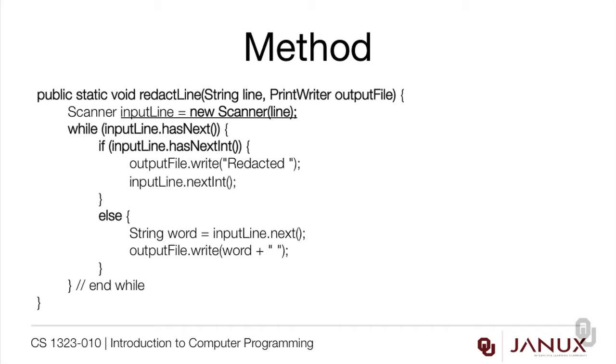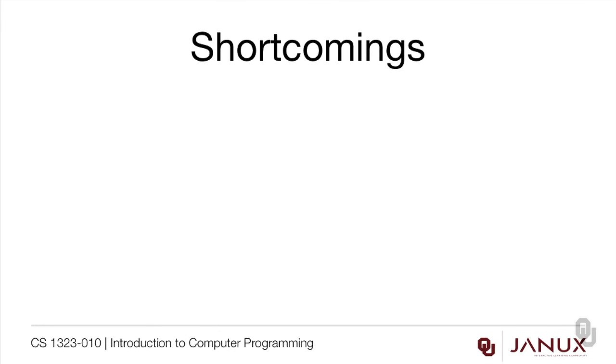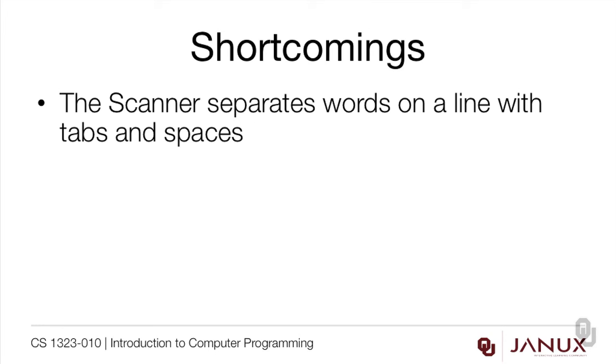We take the word and we read it in using next, and then do outputFile.write, and then the word plus a space. That's the end of the while loop, and that's how we redact a single line. Of course, we would have to call this method in another method that's reading in the file one line at a time.